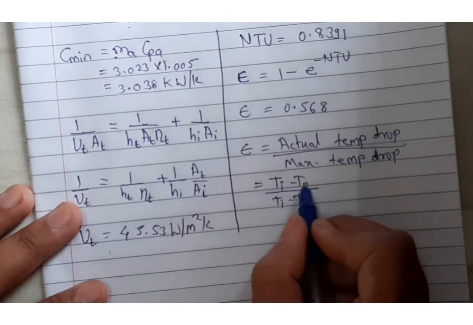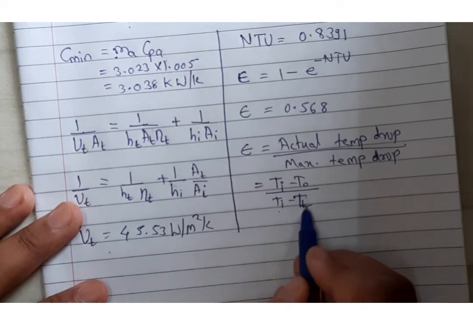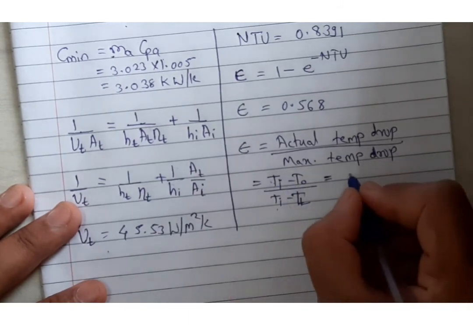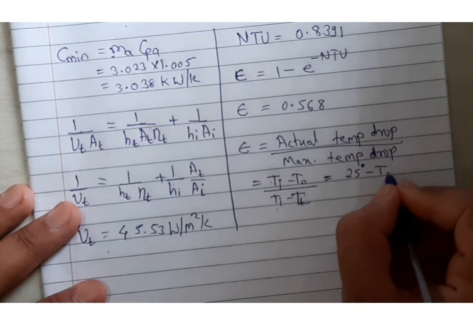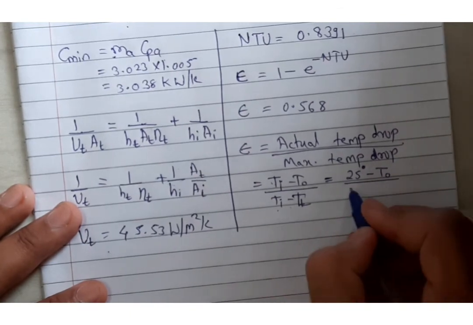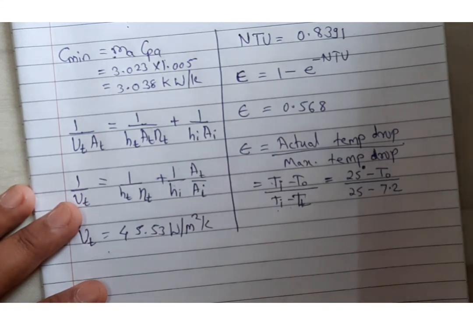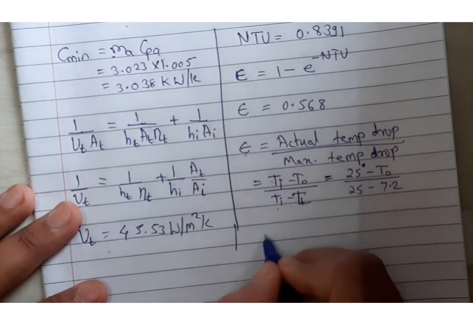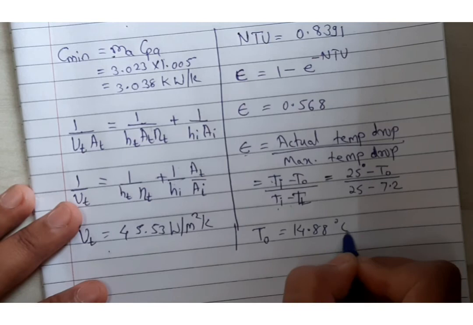This Ti and To are for air, and this Tl is for the refrigerant. So Ti is 25 degrees Celsius, right? To is not known to us, Ti is 25, and Tl is 7.2. So from here, as effectiveness is also known to us, we can find To as 14.88 degree Celsius.